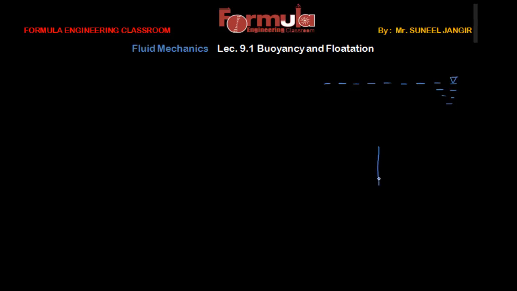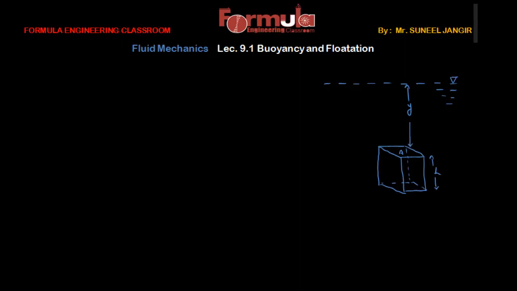Let the height of this fluid element be h, the cross-section area be A, and let's suppose the top face of this fluid element is at a distance y below the free surface of the fluid.